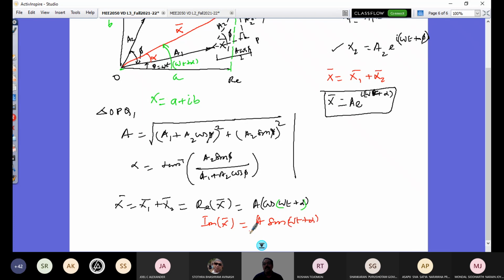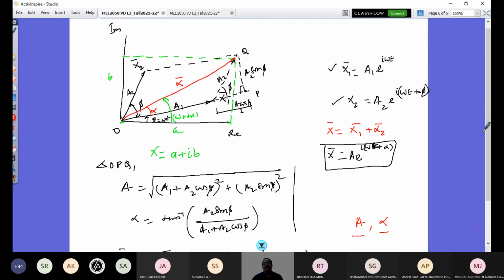If I have to write this as my resultant vector, I need to find the amplitude and alpha. Here, phi is the phase angle between the two rotating vectors. So if I know the phase angle between two rotating vectors and the respective amplitudes, and they go with the same angular velocity, this is the answer.